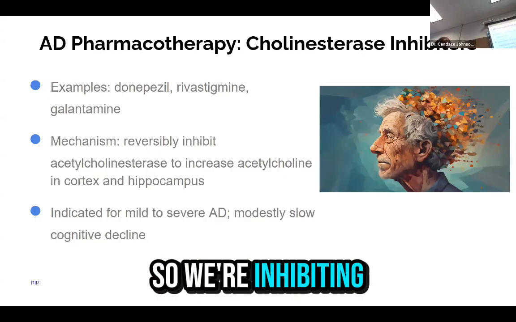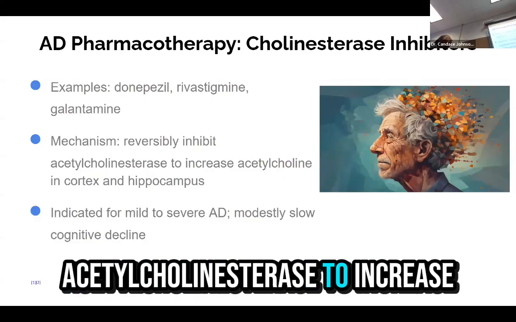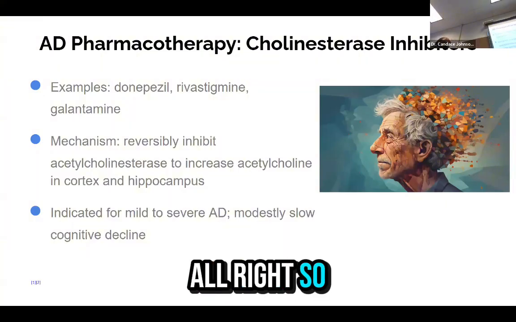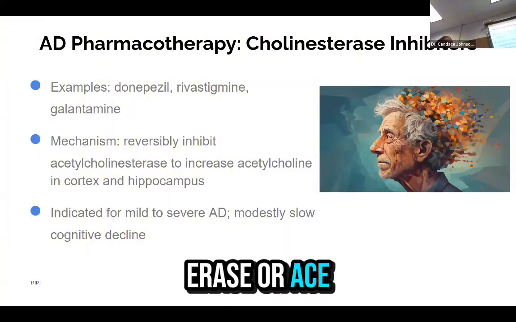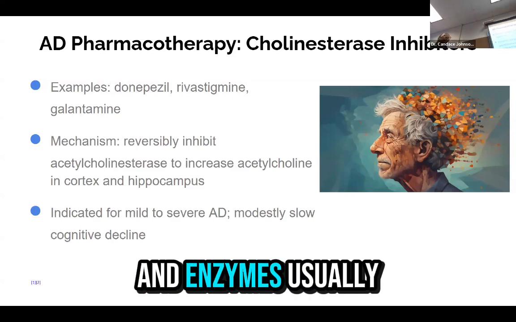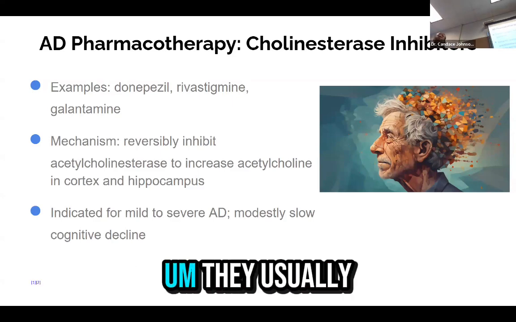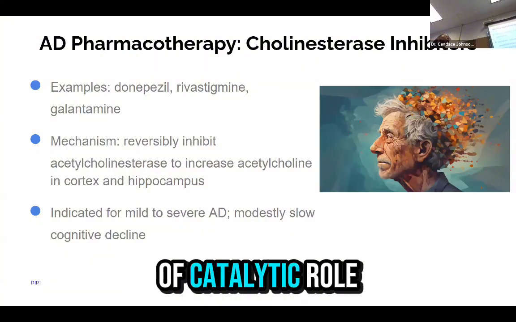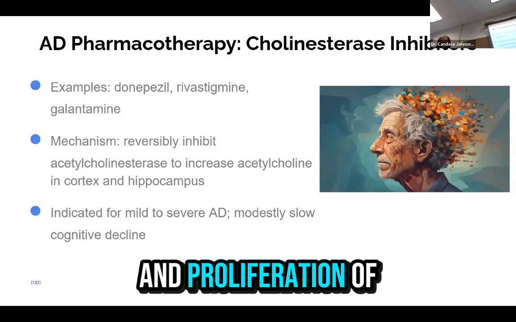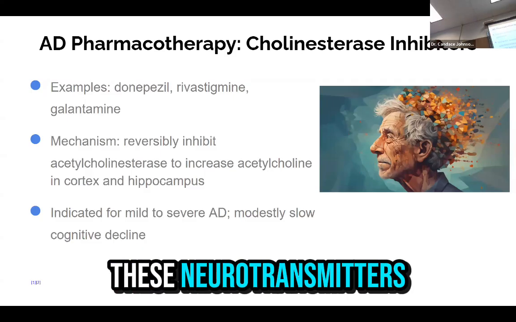So we're inhibiting acetylcholinesterase to increase acetylcholine. All right. So -ase or ACE usually connects to enzymes, and enzymes usually cut or clip. They usually have some kind of catalytic role in the synthesis and proliferation of these neurotransmitters.